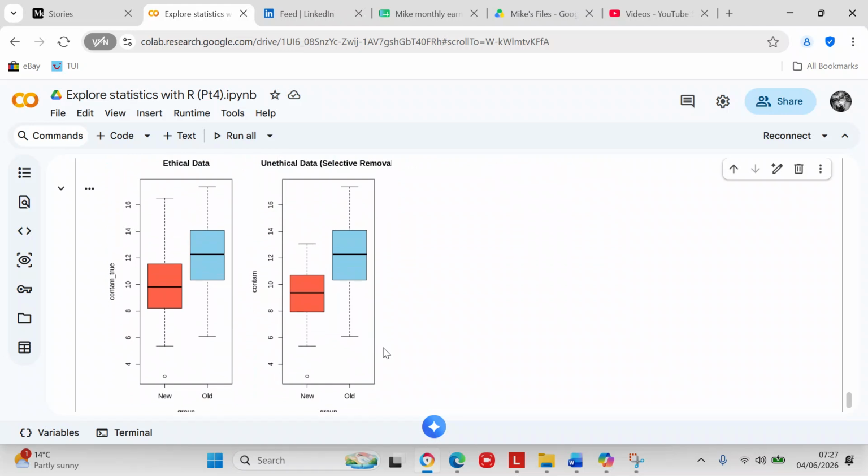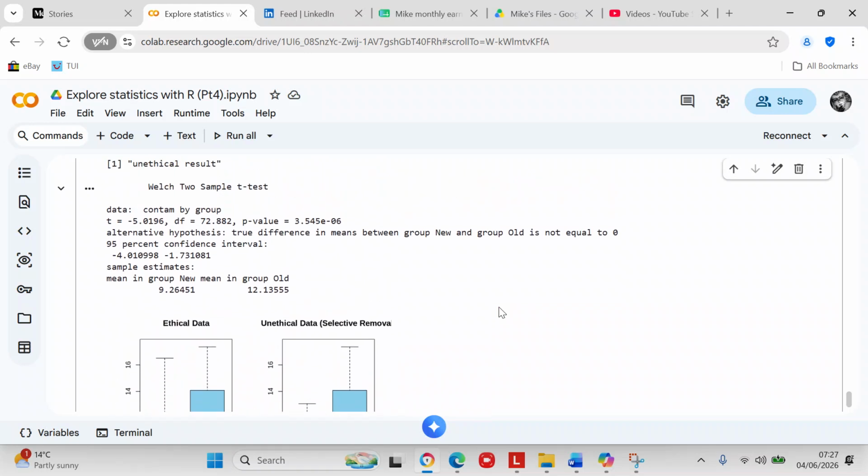So you can see that there is a slight difference between the ethical data and the unethical data, and the main difference is that there's more of a significant difference in the unethical data than the ethical data, but for both ethical and unethical, you're going to have to go with the alternate hypothesis, because there is a difference between the means in these two groups.